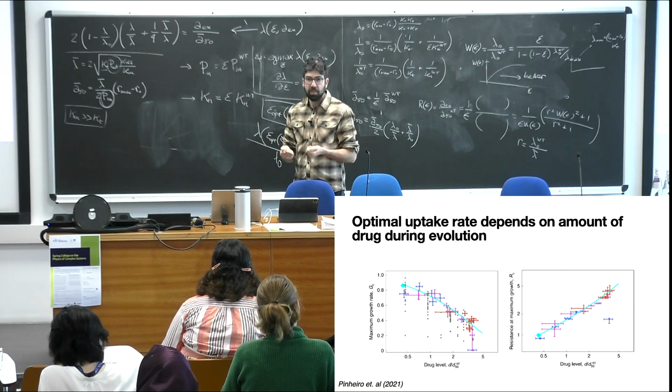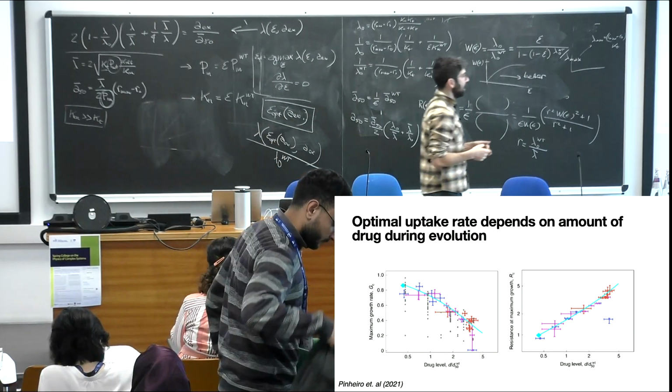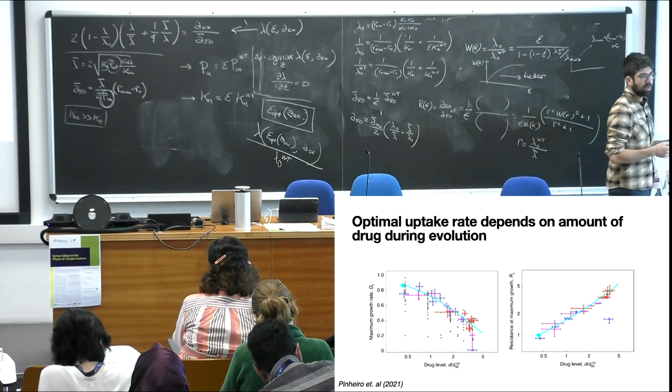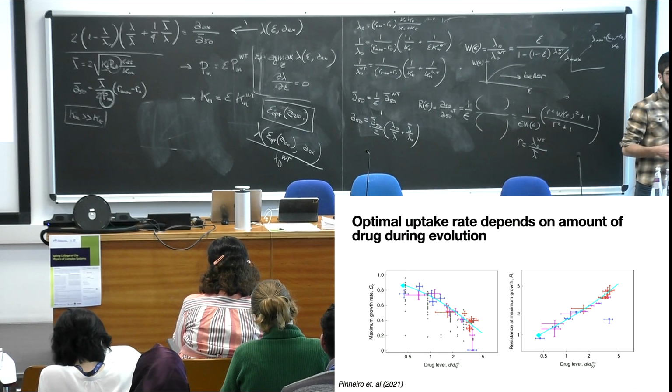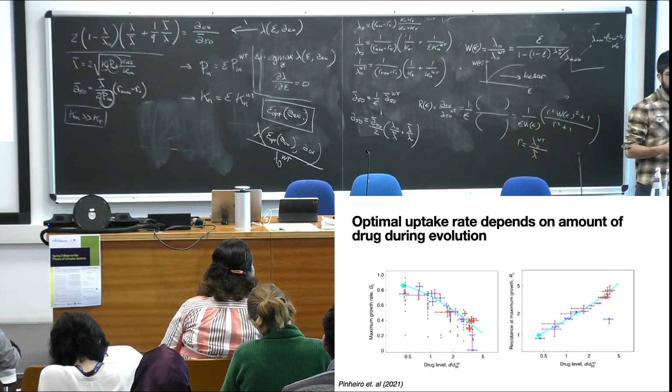And so using these, at the end, you can predict the optimal value, how fast a mutant can grow in presence of antibiotics. How much you can mutate and how much you can grow.